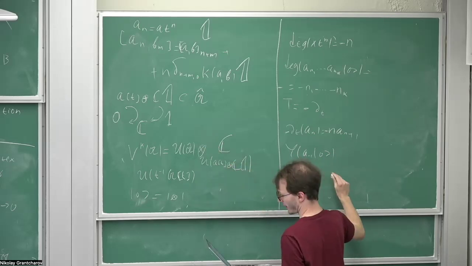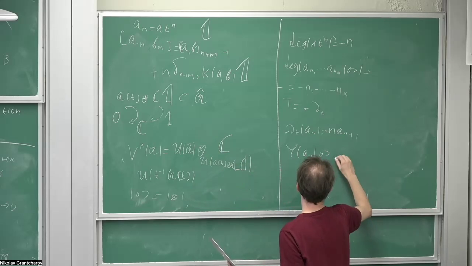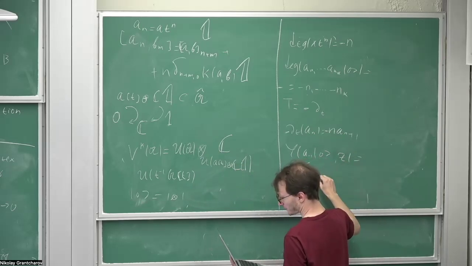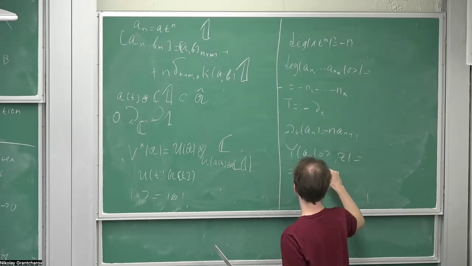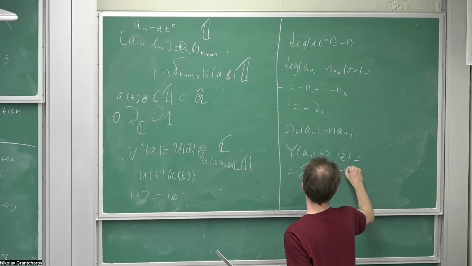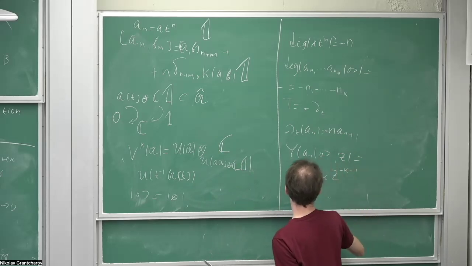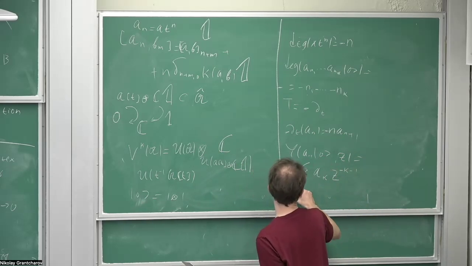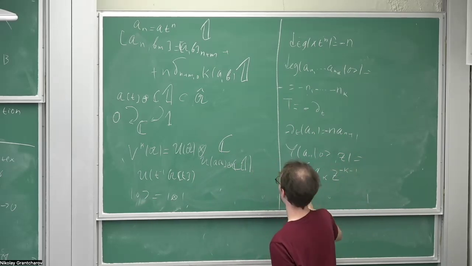So Y of a_{-1} vacuum at z is the sum of a_k z^{-k-1}. So this notation corresponds to standard notation.